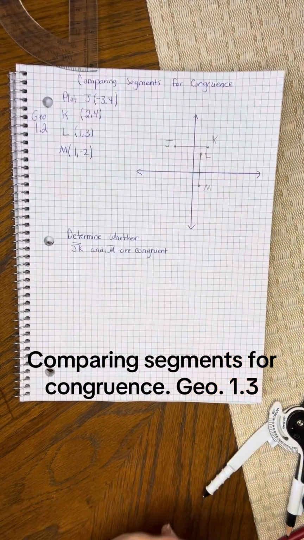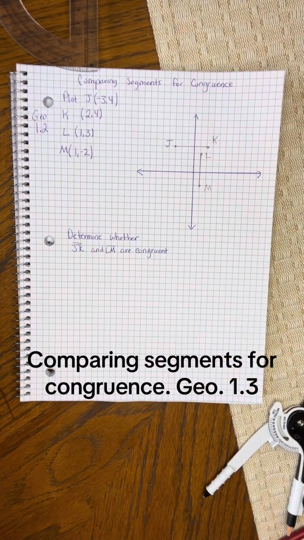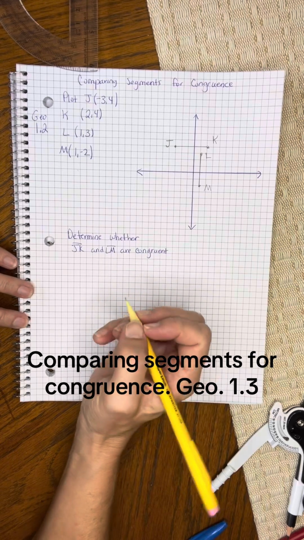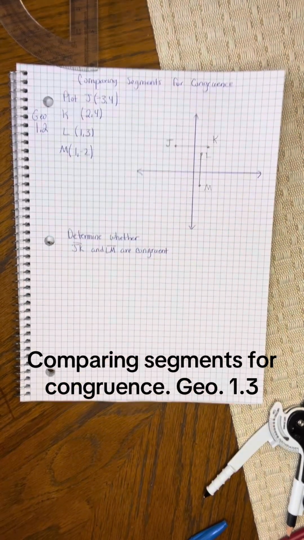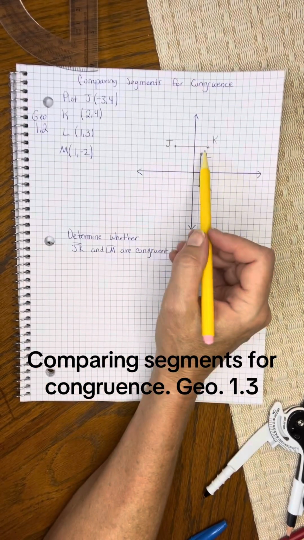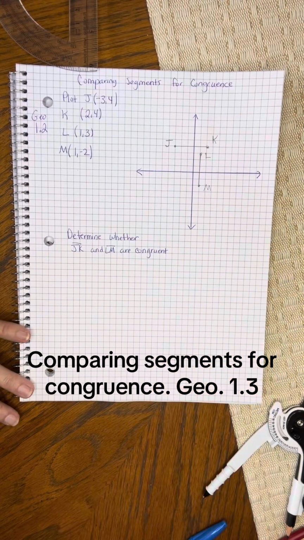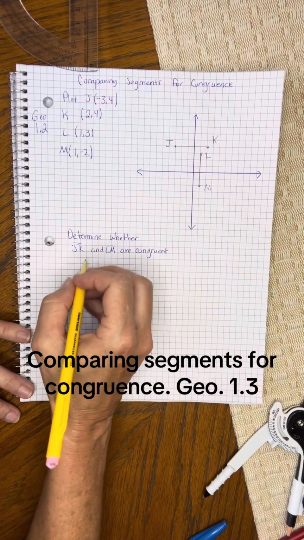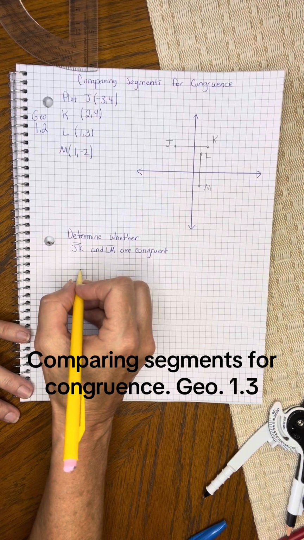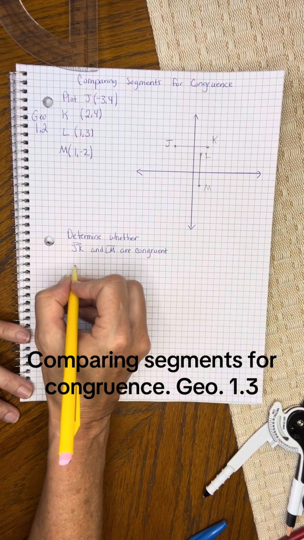Okay, so we want to see if they're the same size, if they are congruent. What we'll do to find the horizontal line, we're going to use the X's and the ruler postulate to find that. So let's go with JK first.